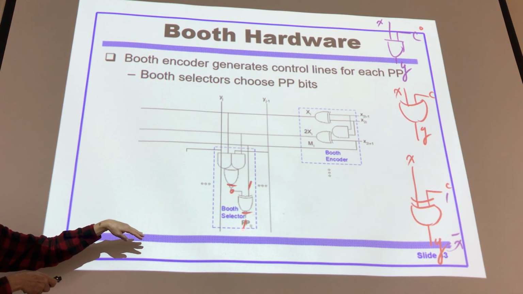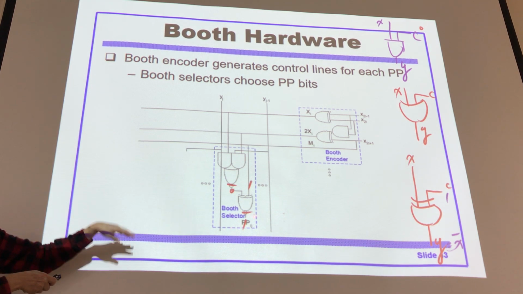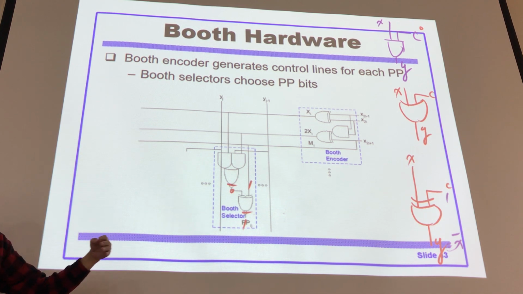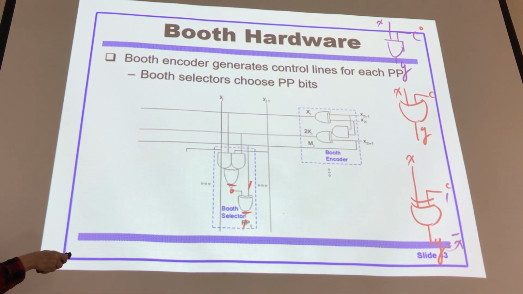0, 1, 1, 0, if there's no two bubbles here. But the bubbles here cross out each other. You have two bubbles, it's just like there's no bubble at all. But why do we have the bubble? Because NAND gate is easier to implement. You remember that?